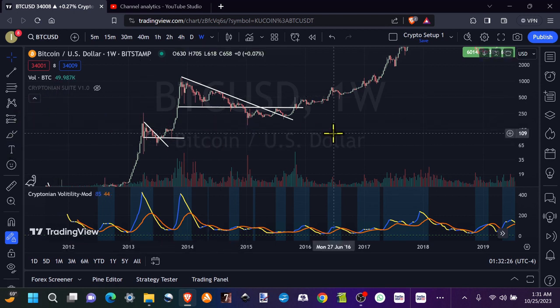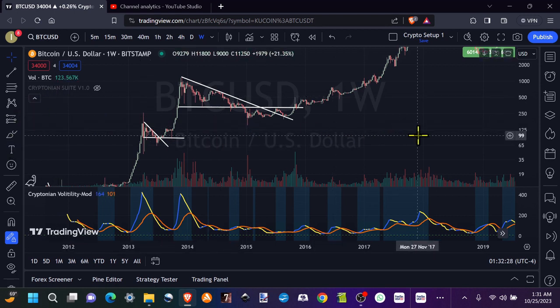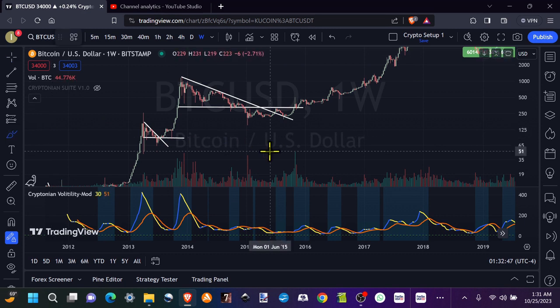Now, here we see the Bitcoin chart on a weekly basis, and there are three signals that must be in place to identify the change from a bear market to a bull market. When we take a look at those signals, there are two signals.